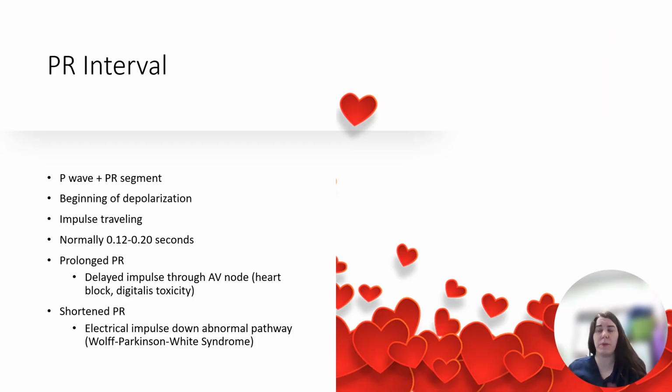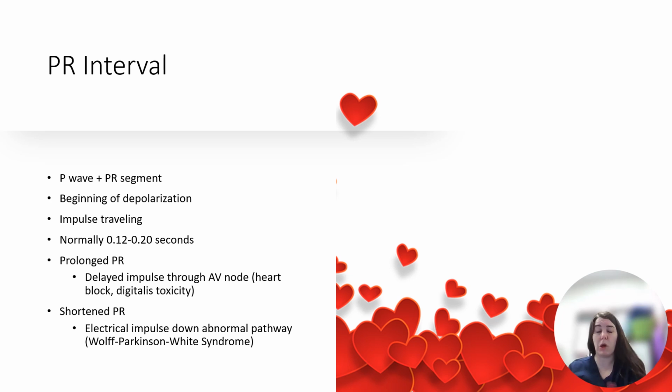After that comes the PR interval, which is our P wave plus the PR segment. And it's the beginning of the depolarization when the electrical impulses are traveling. It's normally 0.12 to 0.20 seconds.